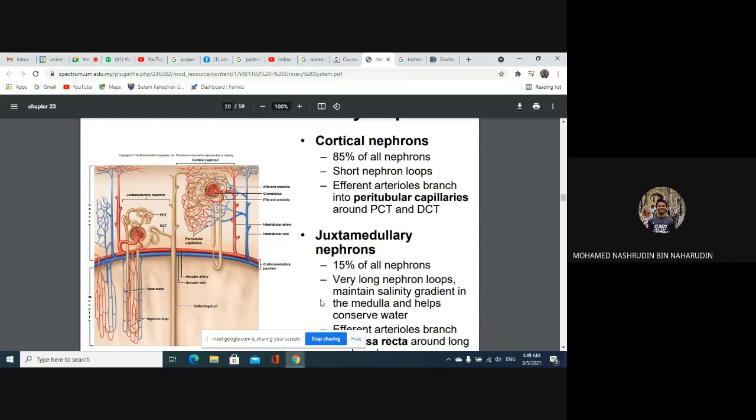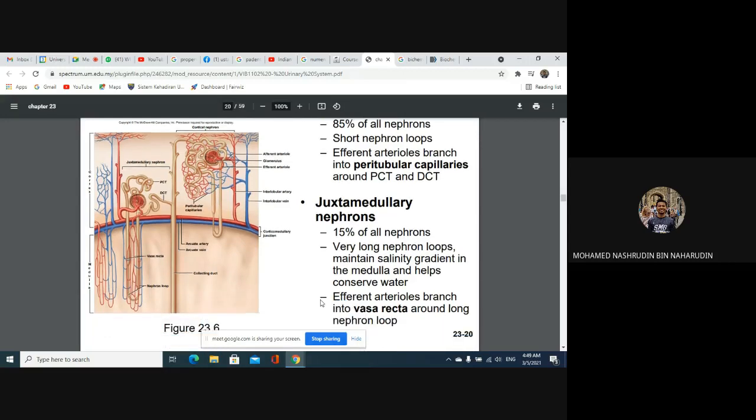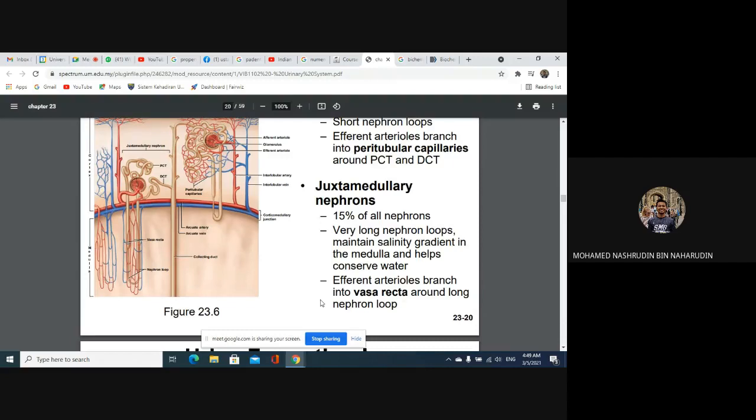The loop is long. It has very long nephron loops. The function is to maintain the salinity gradient in the medulla and help conserve water. And efferent arterioles branch into the vasa recta around the long nephron loops.